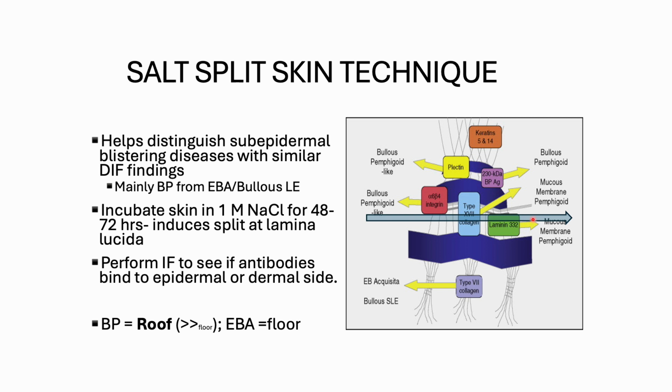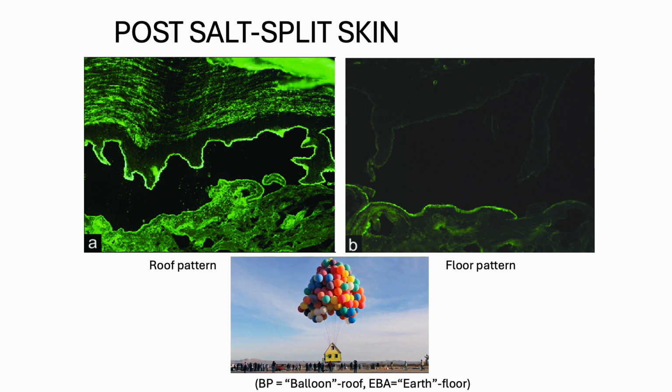After we have the artificial split, we perform the direct immunofluorescence. Of course, we can do indirect immunofluorescence as well. But with DIF, we can see where the autoantibodies are located. That is a very smart way to tell them apart, right? So here is the demonstration.